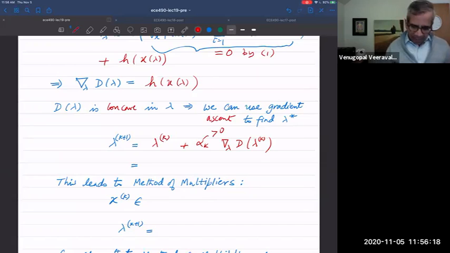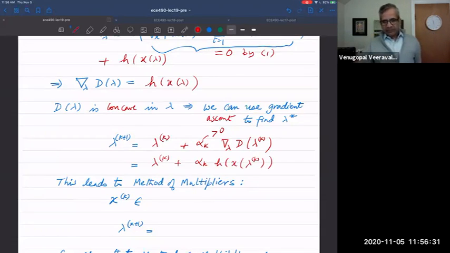All right, and that can be written as lambda k plus alpha k times h of x of lambda k. So the gradient step can be performed just using h at the x value.